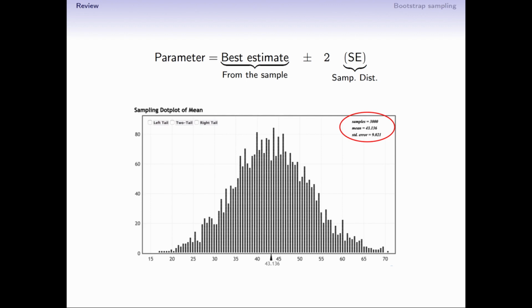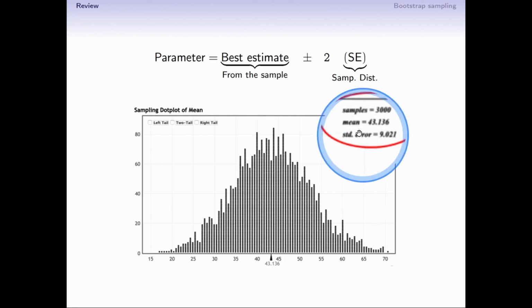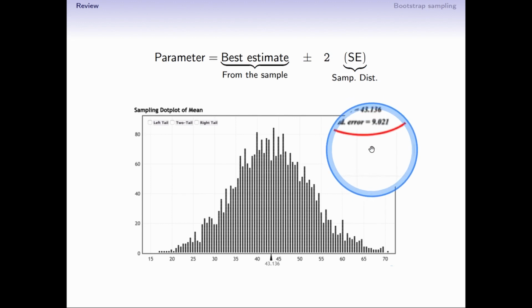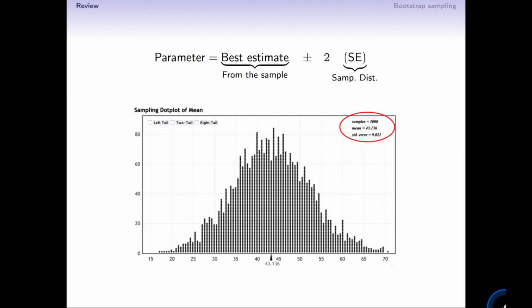We're able to compute the best estimate from each of those samples, and we can build up this massive dot plot that shows us the variety of the ways that this best estimate plays out from continuing to draw sample after sample. Then we can go up here and have StatKey just tell us what is the standard error that's inherent within this dot plot. So there are two ways that we can get the standard error. We can either have it given to us, or we can try to build it up by continually resampling from a parent population.